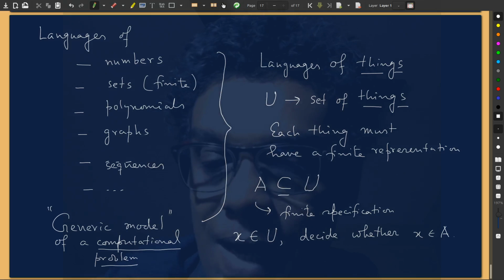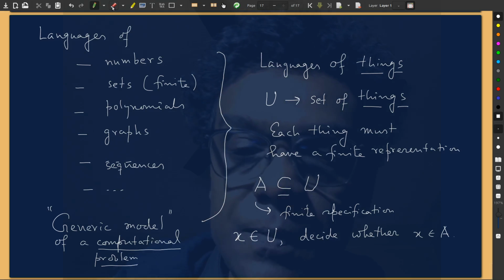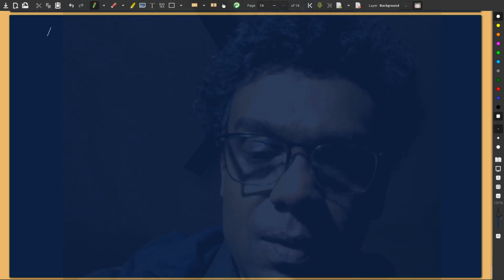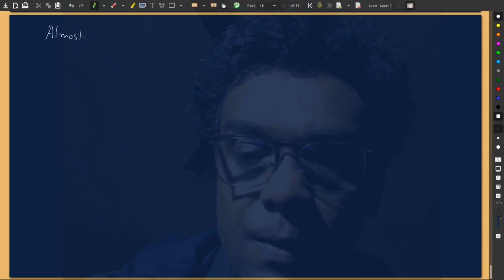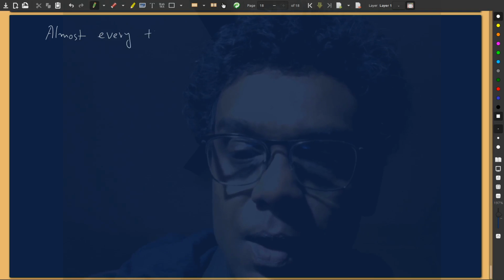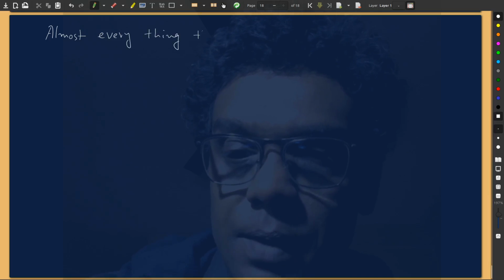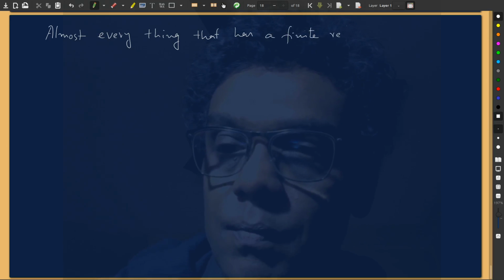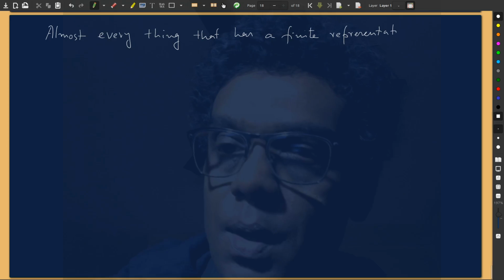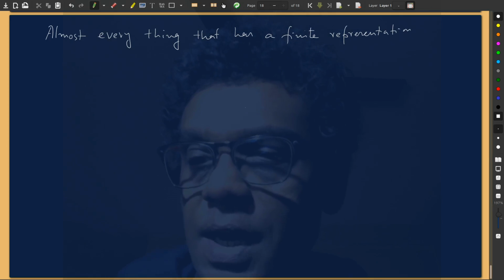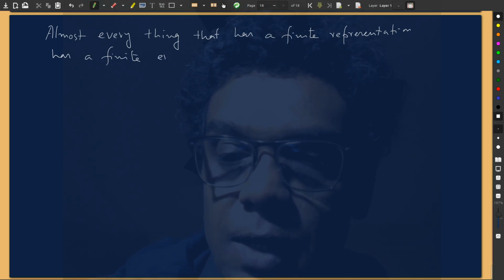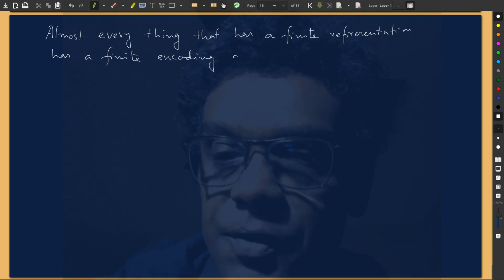Now, in order to make things simpler, almost everything, if not all, that has a finite representation, almost anything under the sun or in our head, has a finite encoding as a string, with some symbols.